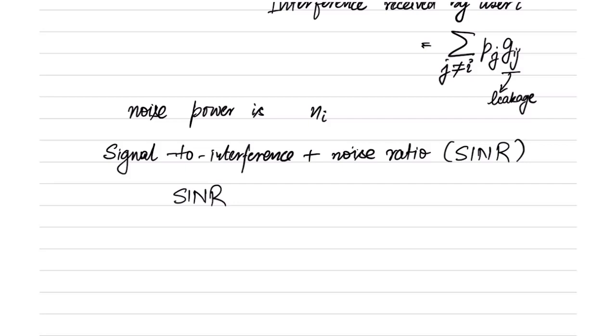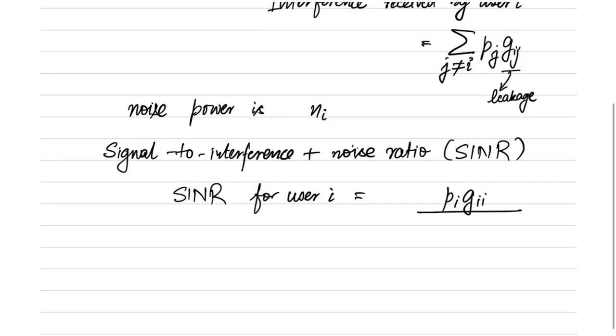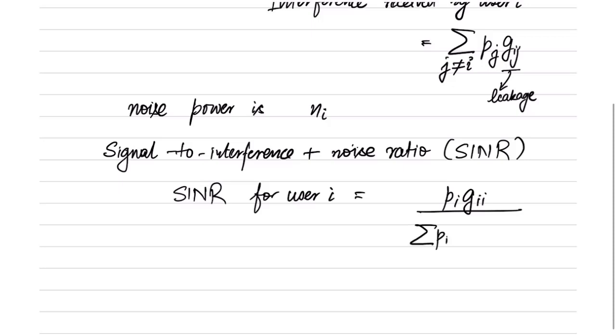So the SINR for user i is given by the useful power, which is Pi times Gii, divided by the interference, which is the sum of Pj times Gij over j not equal to i, plus Ni. Let us call this gamma i. So gamma i is this expression.